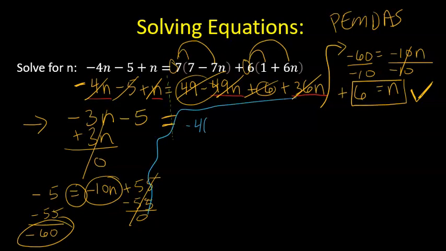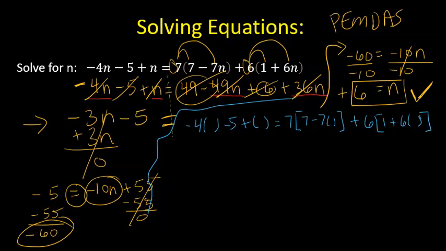And then I'm going to do a little gap here where my guy will go. 5 plus gap 7. Let's do brackets. 7 minus 7 plus 6. 1 plus 6. And that's going to be blank space.